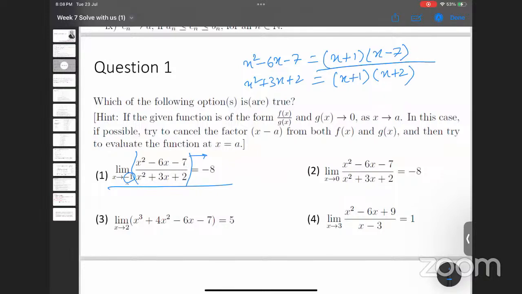Then we can cancel this term out. And now we don't have any problem with x equals -1, right? So we can directly put it in the function. So it will be (-1 minus 7) by (-1 plus 2), which is -8. So option 1 is correct, right?